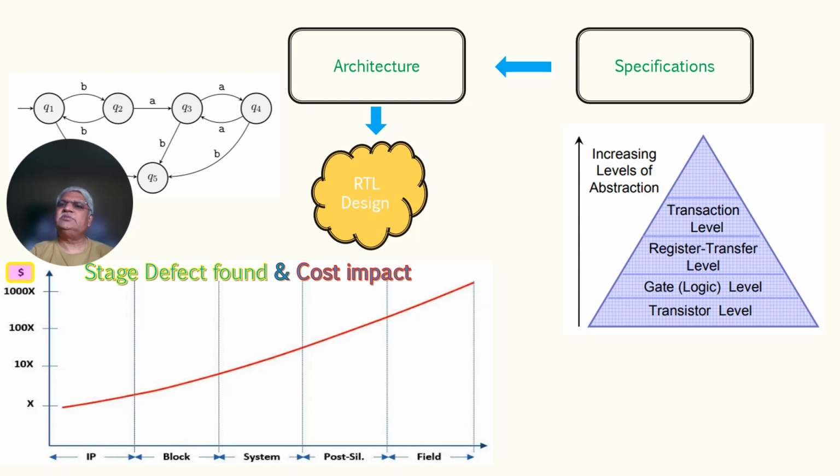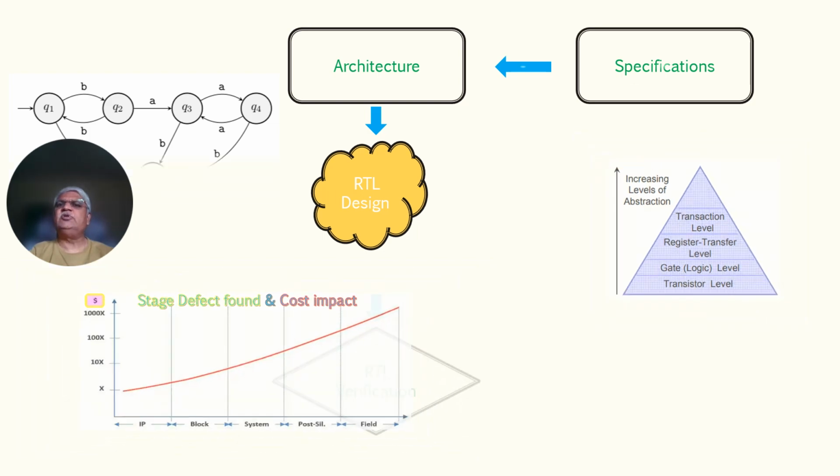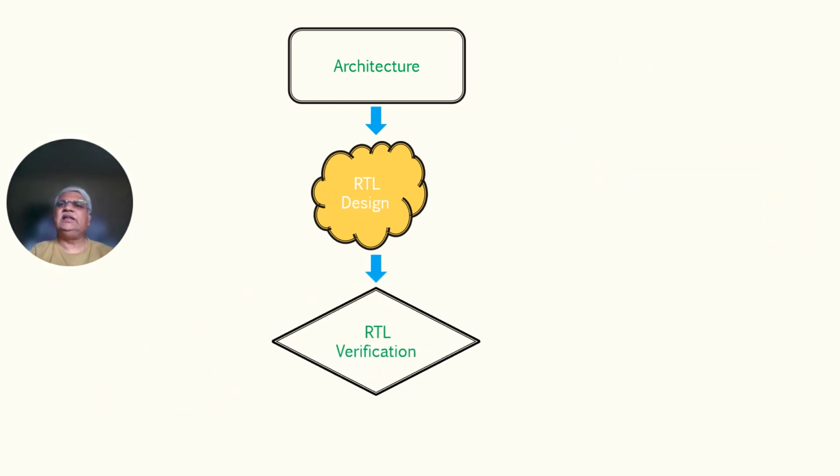RTL design and verification is very key, and hence RTL design becomes the milestone key stage wherein the defects have to be analyzed at the very high level, and it will be very cheap. If you see here, this is the IP creation or block creation, so the amount of money expended and resources and time taken will be very small.